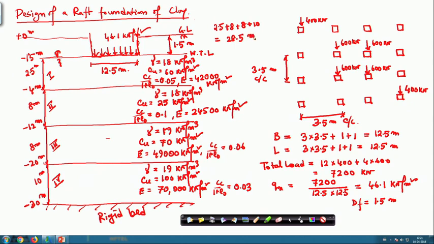Okay. So, this is 28.5 meter, but my influence zone is 25 meter. So, the total fourth layer is not within the influence zone, but some part of the fourth layer is within the influence zone.